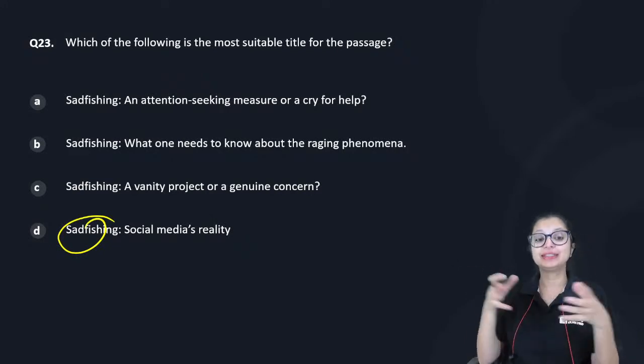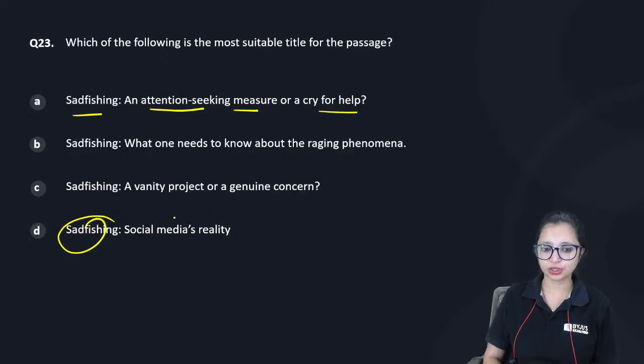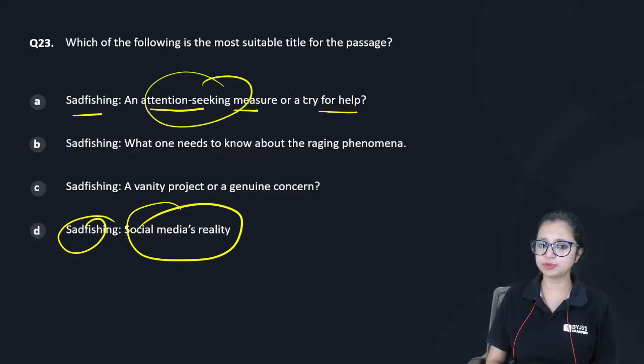Choose an option that's detailed. Look at the example. Sad fishing, an attention-seeking measure or cry for help. Sad fishing, social media's reality. The last paragraph said there were two types of sad fishing, genuine and fake. It encapsulates both. But here it only talks about fake.